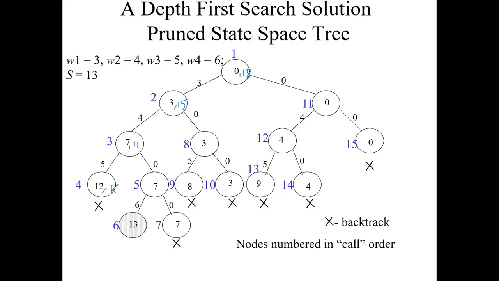Any one of you can tell me why this node is pruned here? Because of greater than equal वाली condition या less than equal to वाली condition.